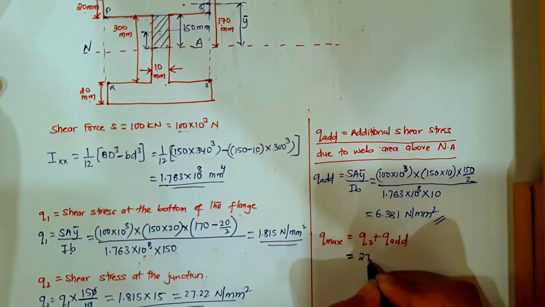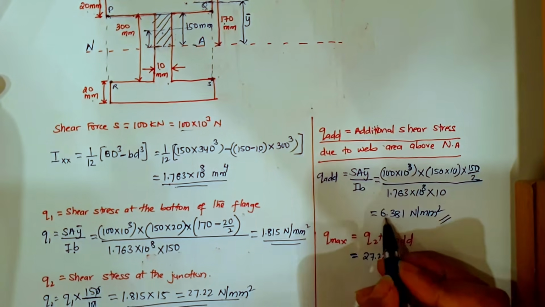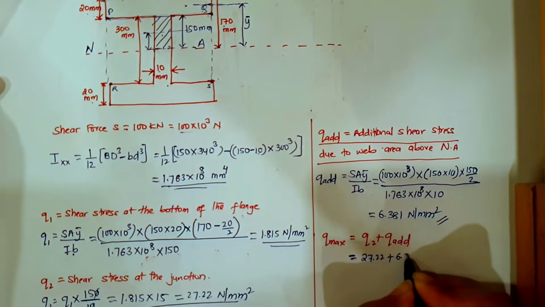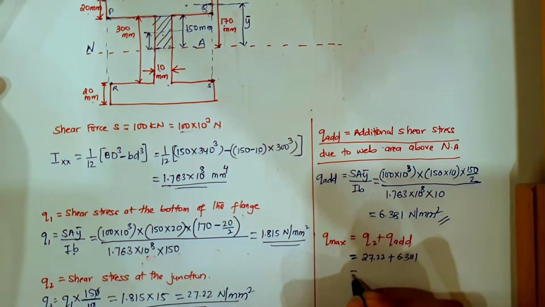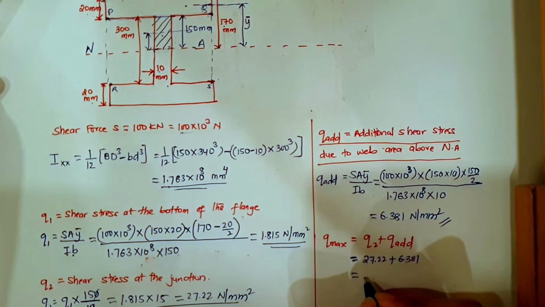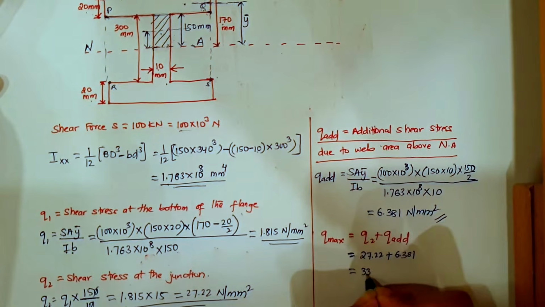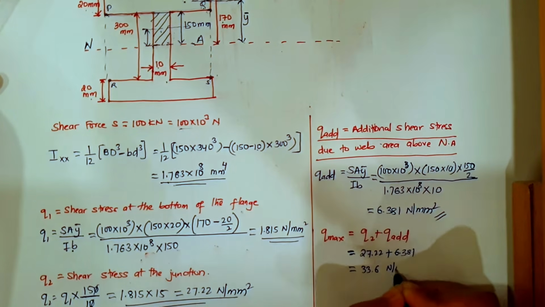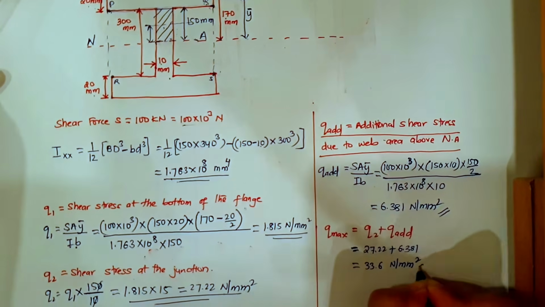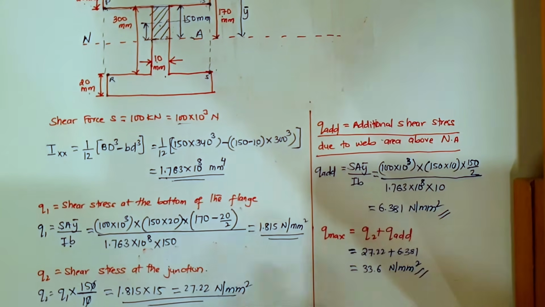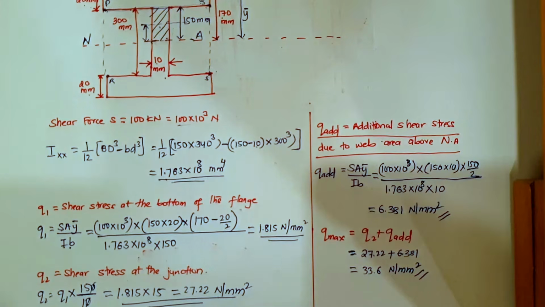So 27.22 plus additional shear stress came 6.381. So from here you get equal to 33.6 Newton per mm square. So this is the maximum shear stress developed in the section.